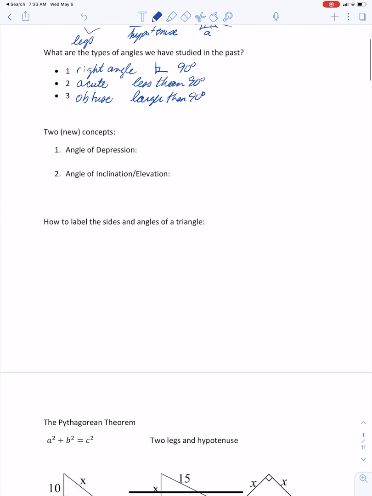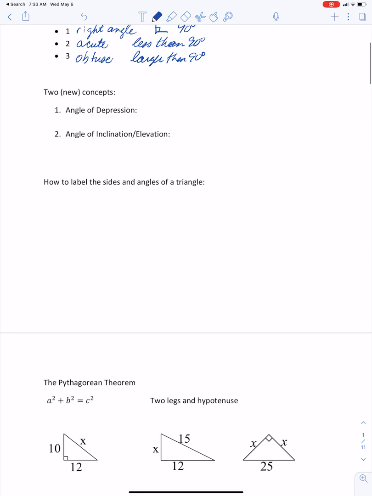And now perhaps two newer concepts, an angle of depression and an angle of inclination. An angle of depression is, from a straight horizontal line, an angle down. So what could we be looking at here? This could perhaps be a cliff, and out here there is a boat in the water, right?